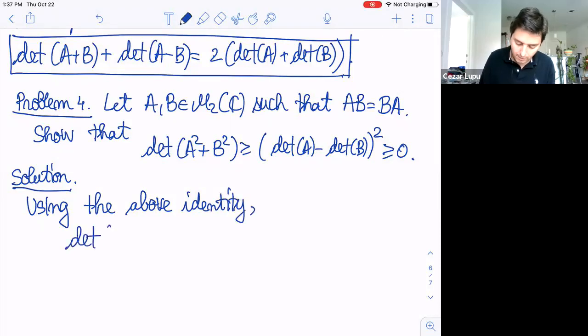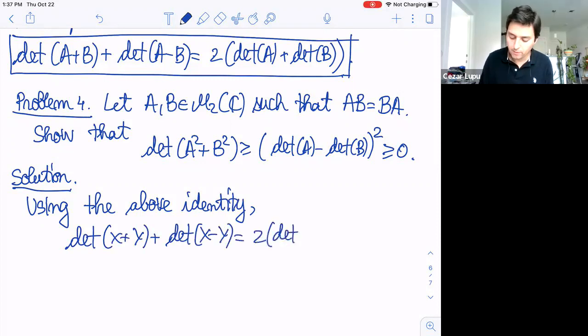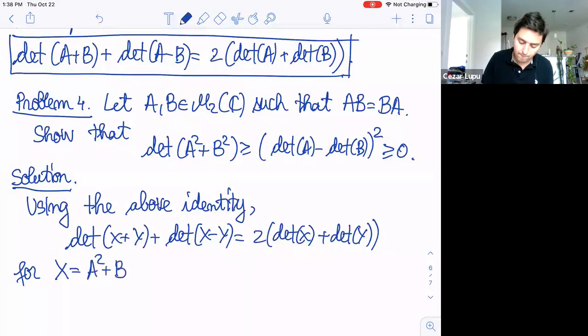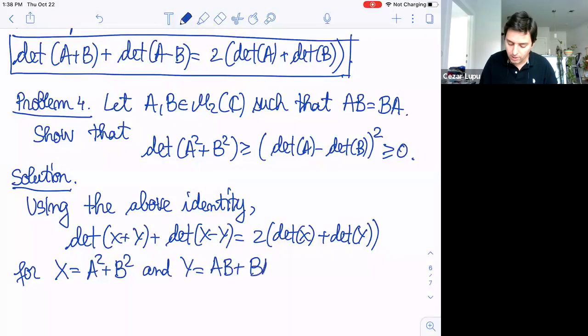The determinant of X plus Y plus the determinant of X minus Y is 2 times the determinant of X plus the determinant of Y. So using this identity, I'm going to take for some particular matrices, X to be A squared plus B squared, and Y to be AB plus BA. And let's see, what do we get?